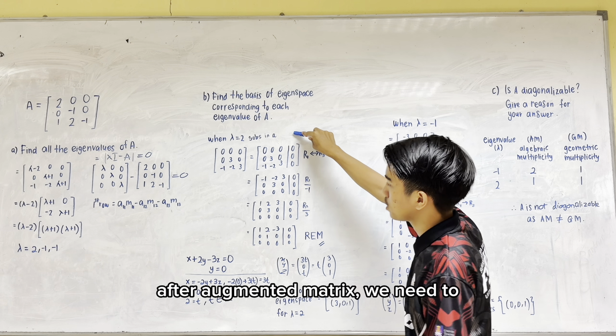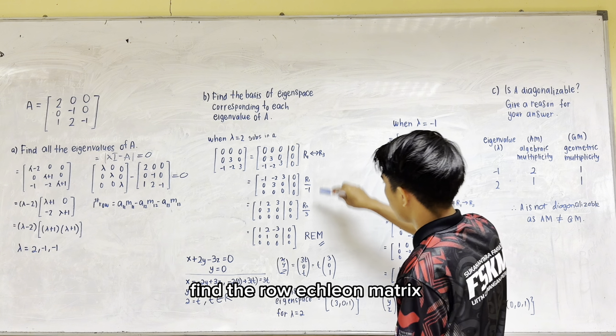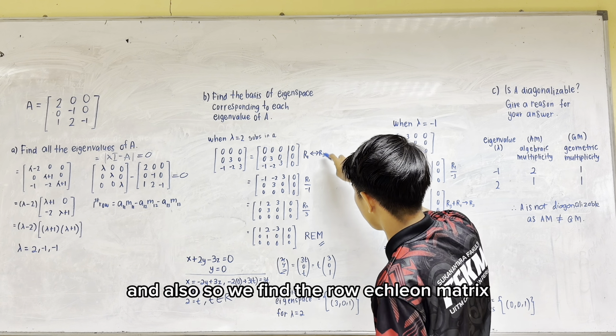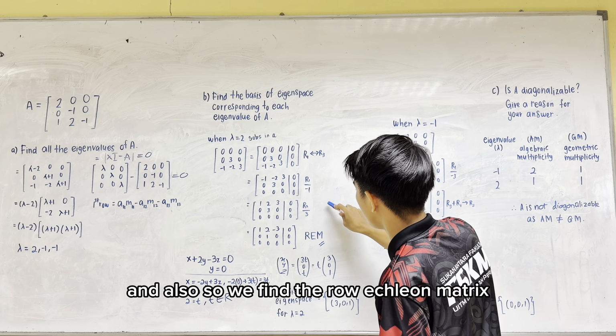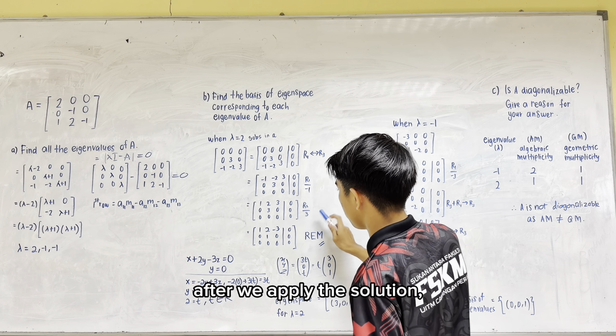For the augmented matrix, we need to find the row echelon form. We solve all this to find the row echelon matrix.